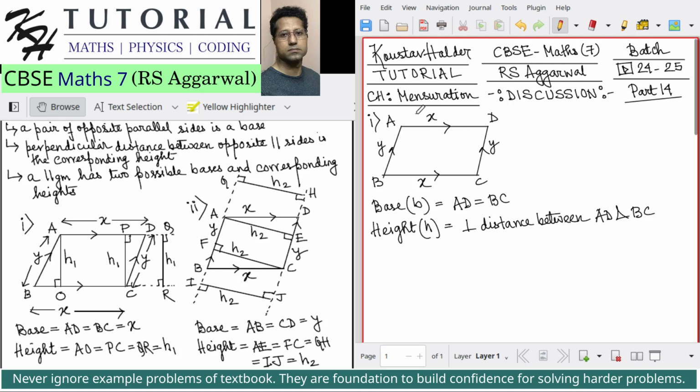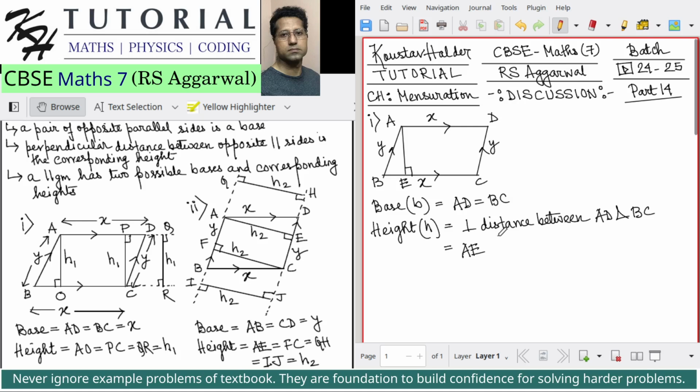If I drop from the vertex A a perpendicular on BC, let's say AE is perpendicular to BC, then the length of AE will be the height. So the height will be equal to AE.